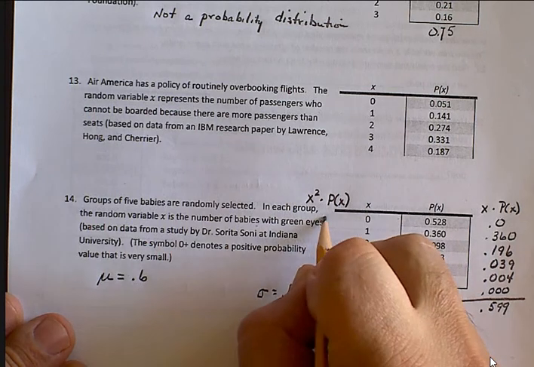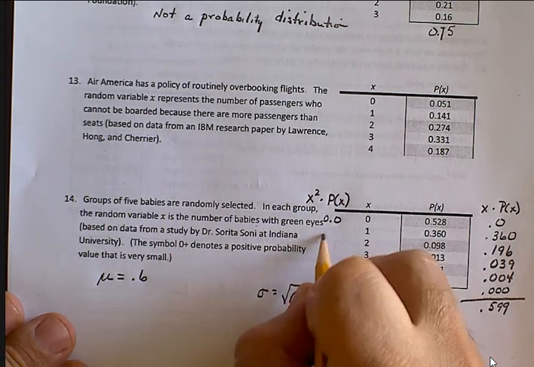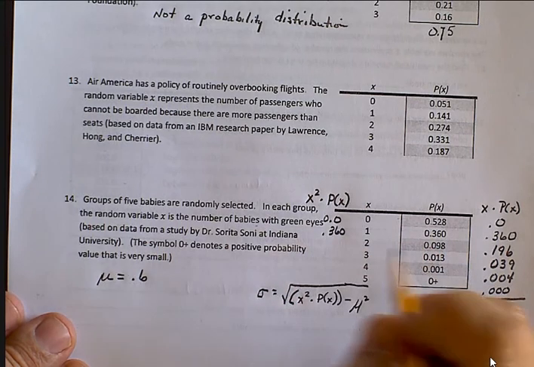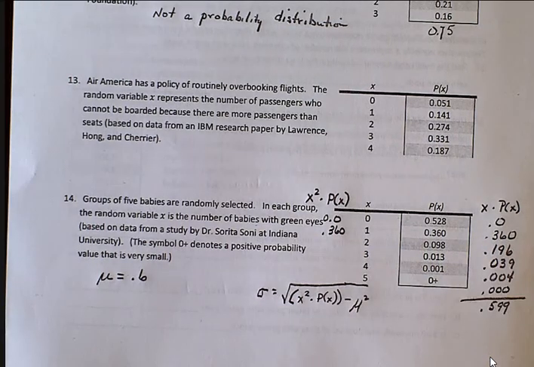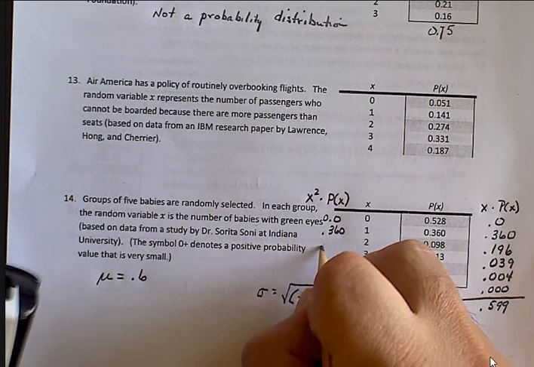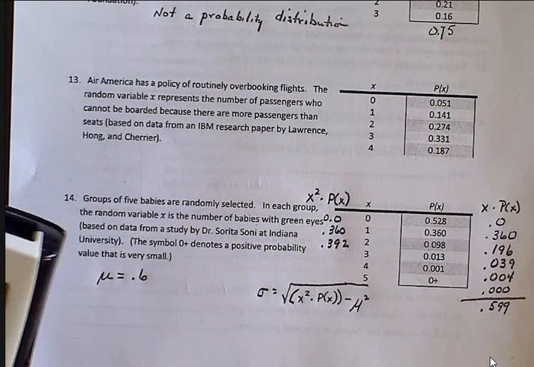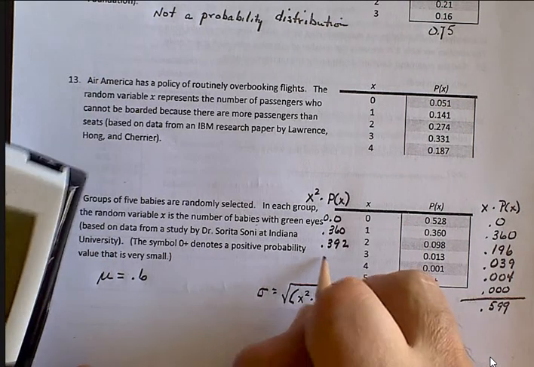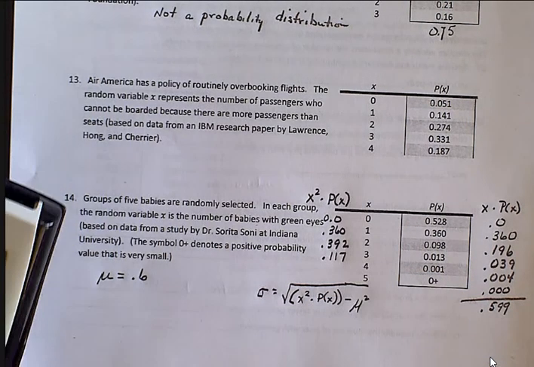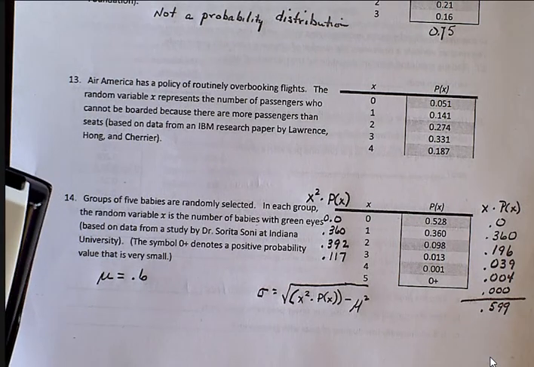This is still going to be 0.36. 4 times 0.098, I get 0.392, and 9 times 0.013 is 0.117, and 16 times 0.001 is 0.016.